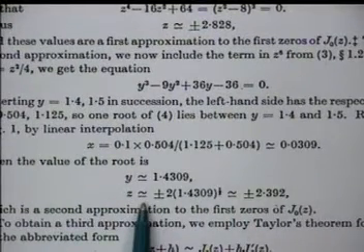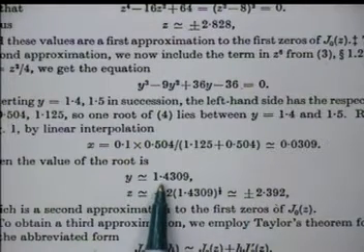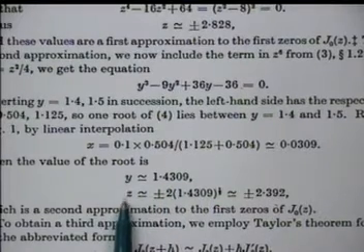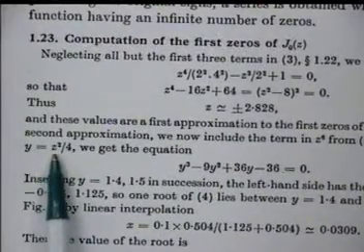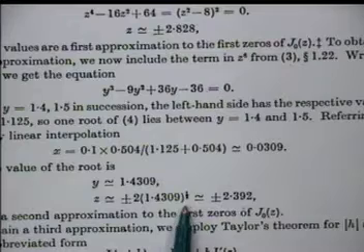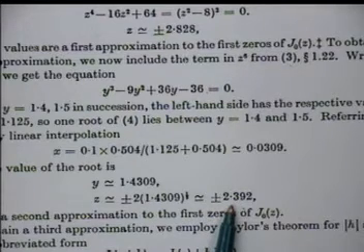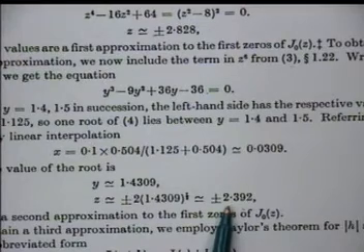They went through this process and found that y had to be equal to 1.4309, for the first value. If y was equal to that, then we go back and look at what z would be when y was that value, and we find that we have a plus or minus because we're taking a square root. So now we've zeroed in a little closer on the first value where the J0 curve crosses the x-axis.